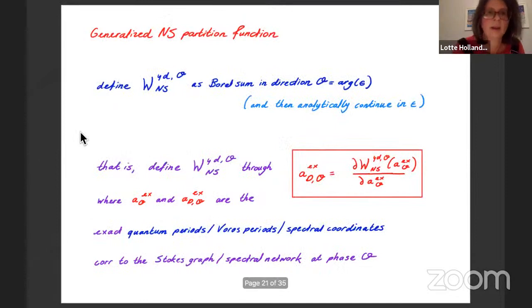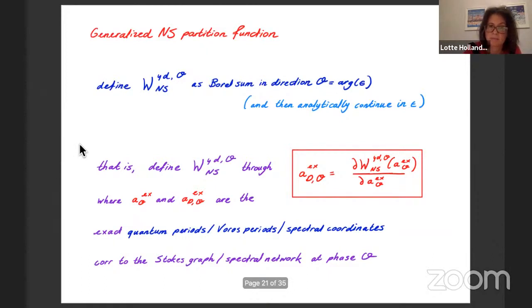Right, the remark that I wanted to make is that we've now recovered the superpotential as a Borel sum in a specific critical direction. But of course, you can consider this Borel sum in any direction.